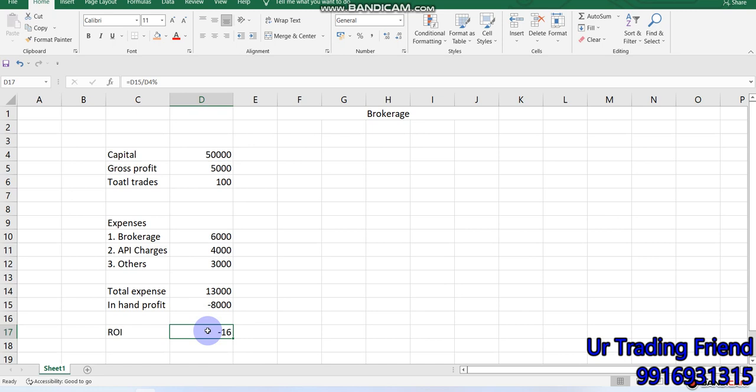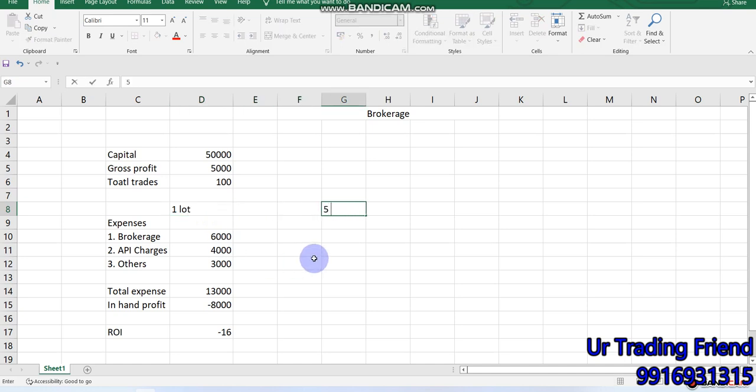Even if your strategy is working and you are coming in green at month end, you are still making losses. That means there is some risk happening somewhere that you are not able to identify. This is for one lot. I'll make it clear.